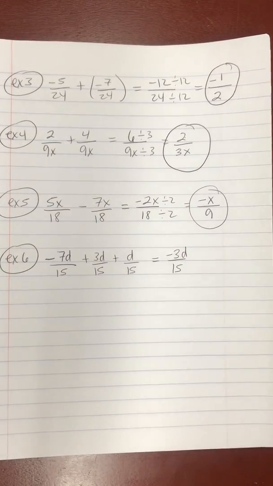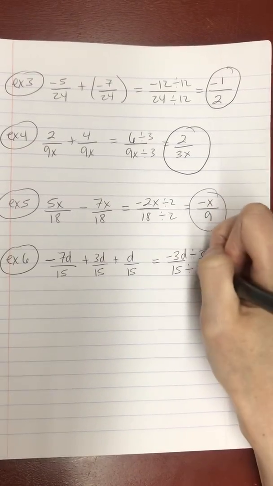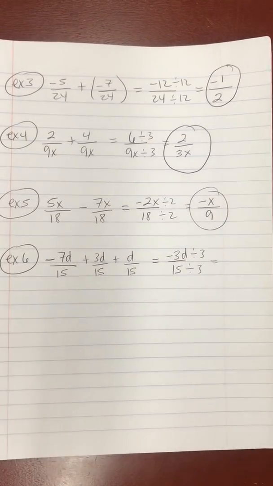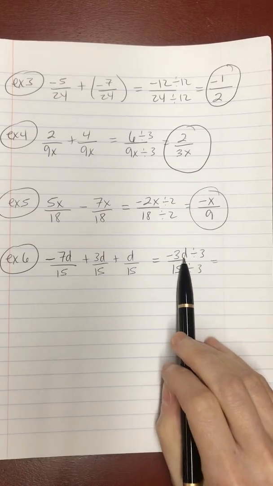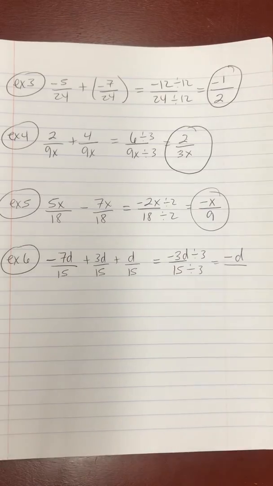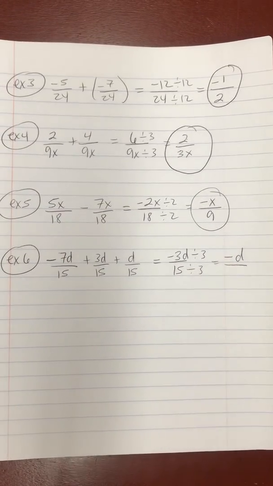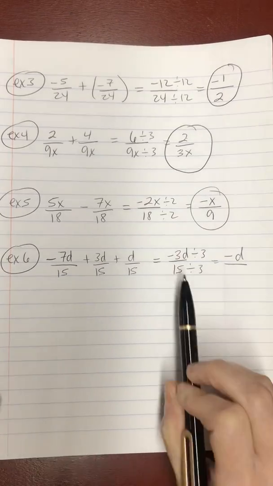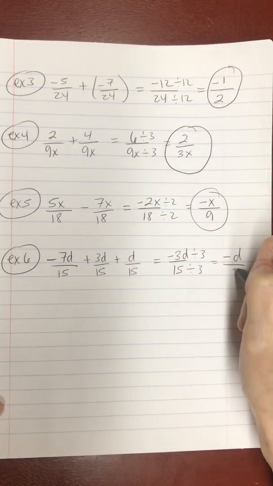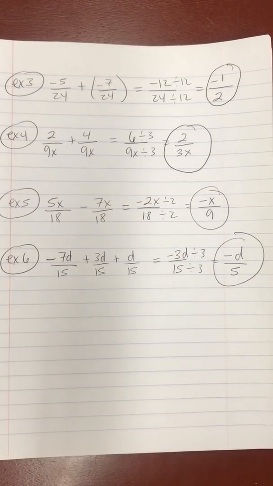And so again, it looks like we're done, but we're not, because we can divide a 3 out of the top and bottom. And when we do that, negative 3d divided by 3 is a negative 1d. Remember, I'm not writing the 1, I'm just going to write negative d. That's the same thing as negative 1d. And then 15 divided by 3 is 5. And so my final answer is negative d over 5.